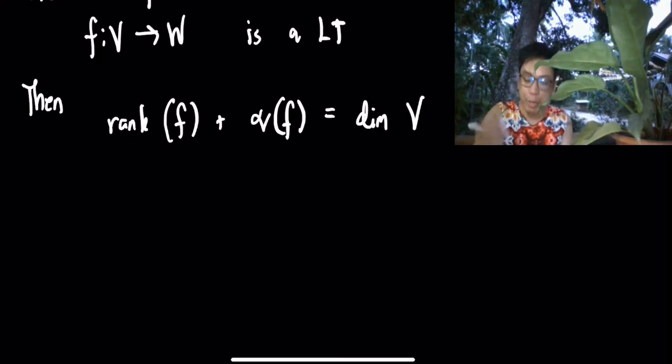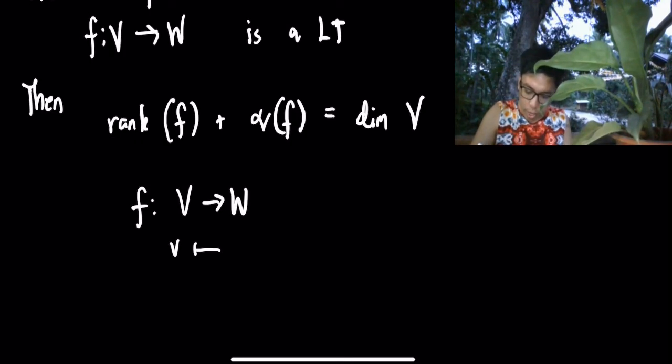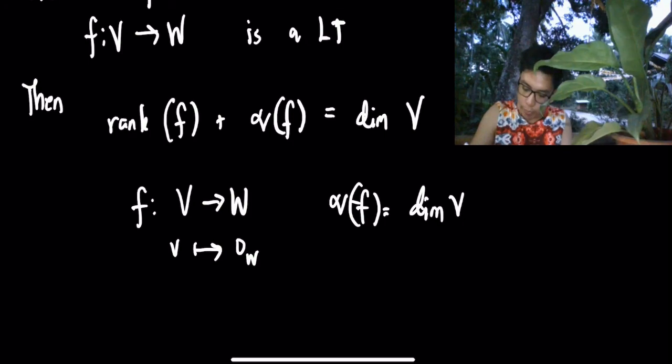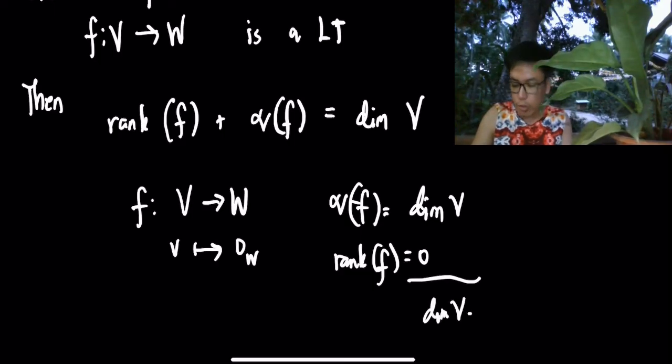The mapping F from V to W defined by sending every V to the identity element. If you remember, the nullity of F here is the dimension of V, and the rank of F is 0. So if you take the sum, that is actually the dimension of V. So that's what the rank-nullity theorem says.